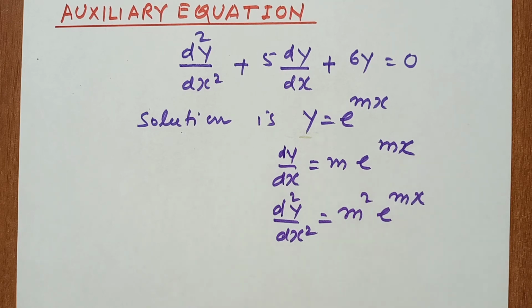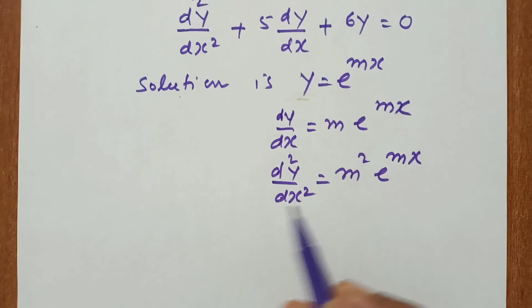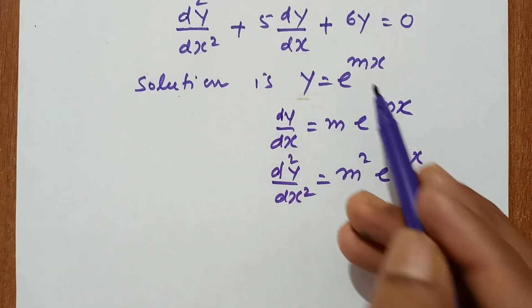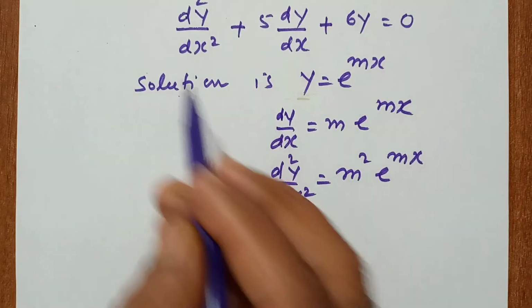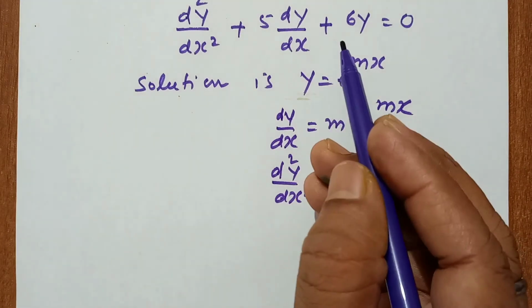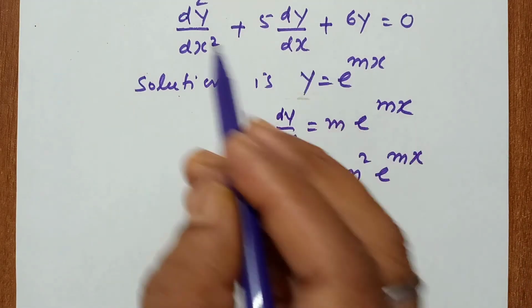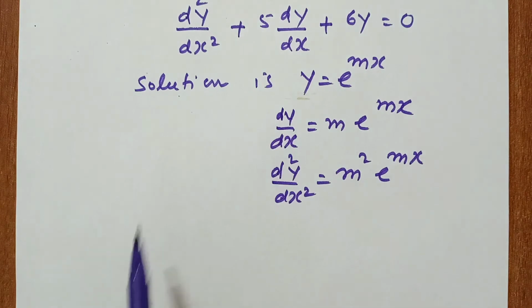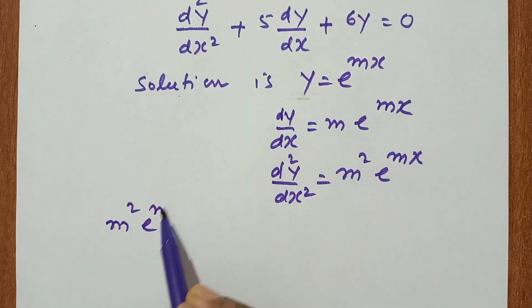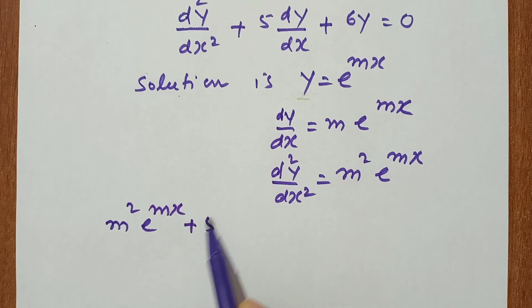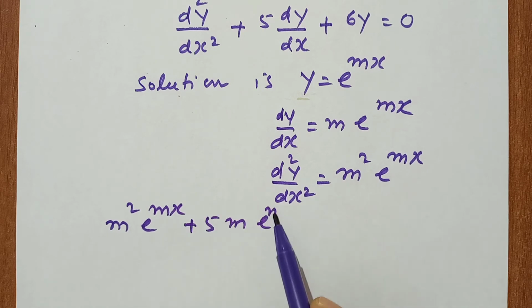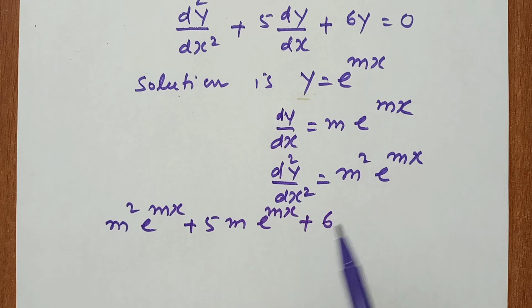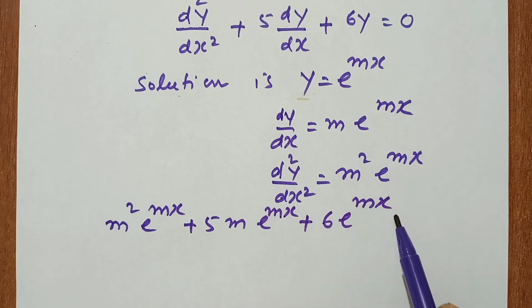Since y is equal to e to the power mx is a solution of this equation, by putting the values of y, dy by dx and d2y upon dx2, we get m square e to the power mx plus 5m e to the power mx plus 6 e to the power mx equal to 0.